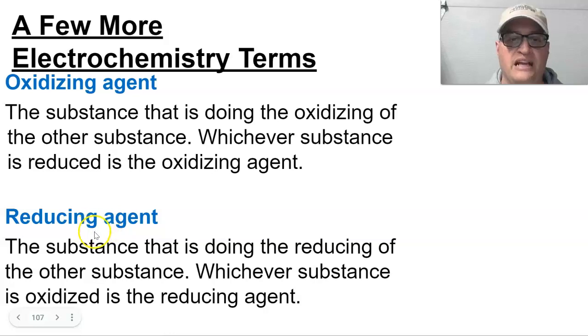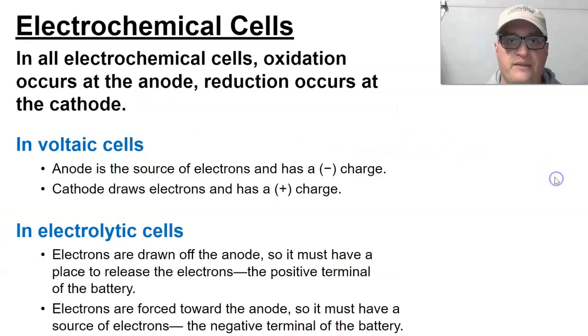So a reducing agent becomes oxidized. These types of terms are kind of confusing, and according to the AP College Board, they've eliminated using these terms. However, in talking about them and seeing them, you're going to come across them, so I wanted you to be aware of what they stand for.